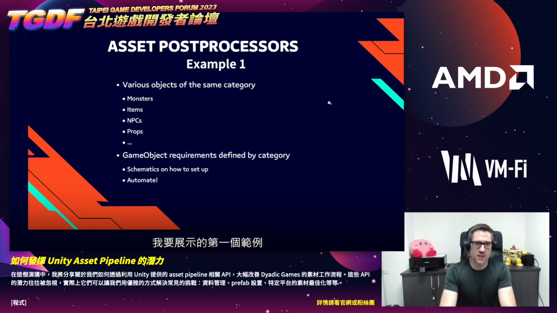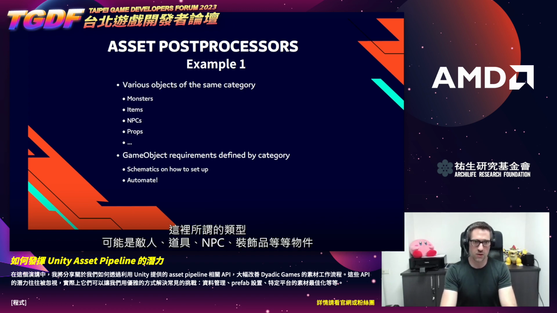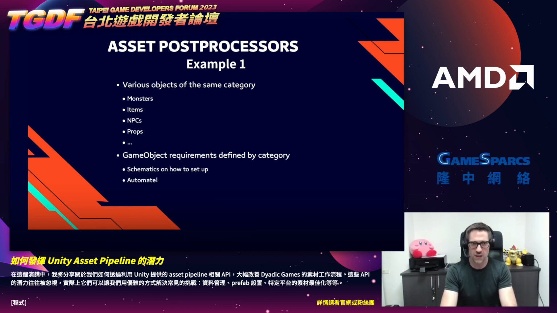And the first example I want to show you is for setting up specific objects that belong to a specific category of your game. A category might be a monster object or item object, NPCs, props, whatever. It's up to your game.